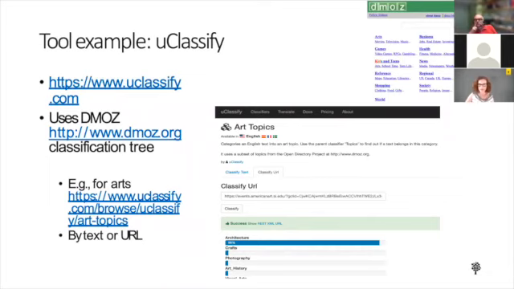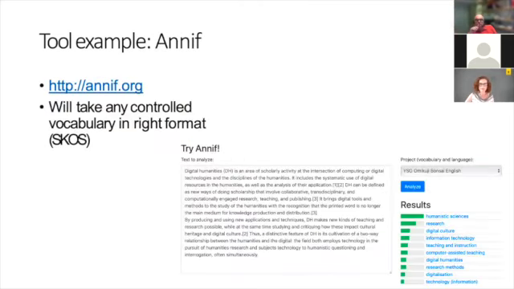And you can simply enter copy-pasted text or a URL in various subject areas, and it produces results. Another freely available tool is Annif, and you may have heard of it because there are discussions and other libraries are actually using that.